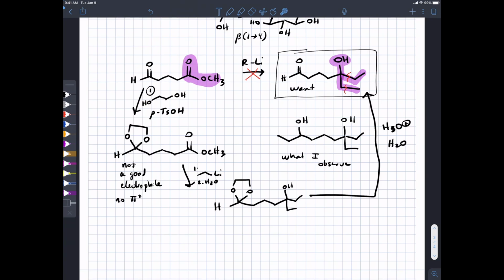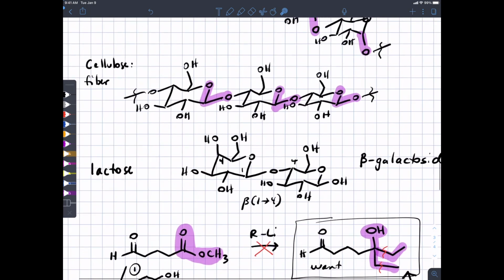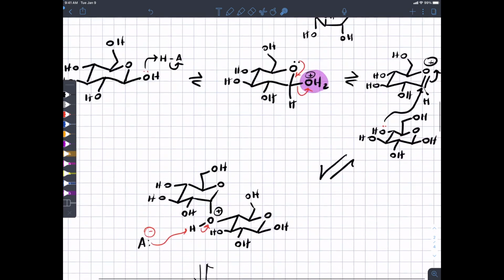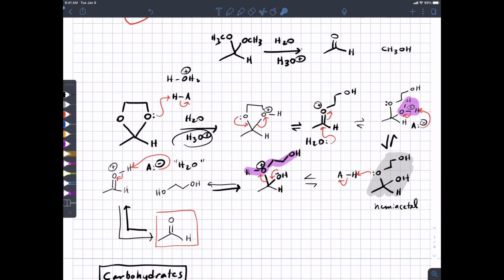Yes? I'm a little confused how you formed the ring. How did we form the little guy here? Yeah, so first we protonated the oxygen. Then one of these oxygens from the alcohol attacked, and we made the hemiacetal. I showed up here the reverse process.